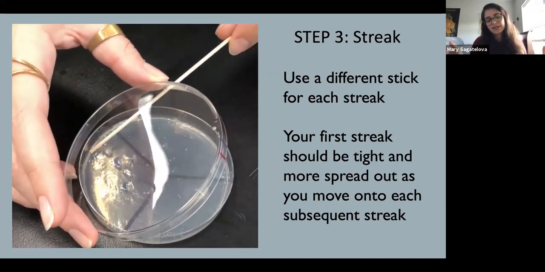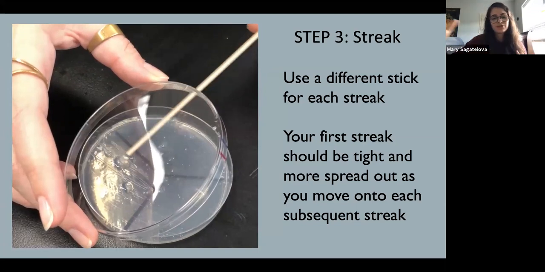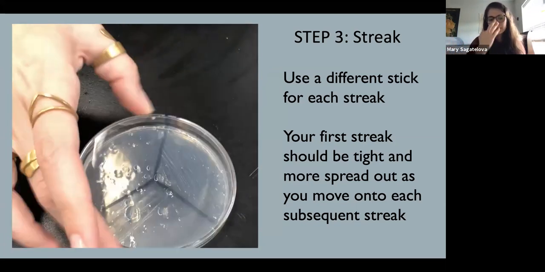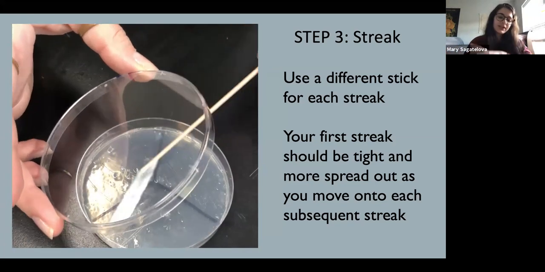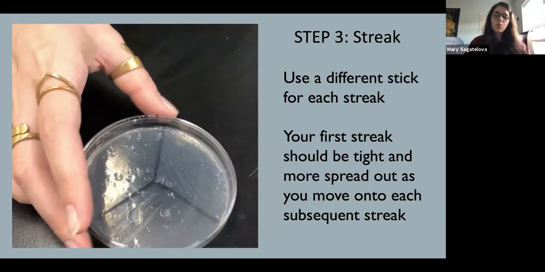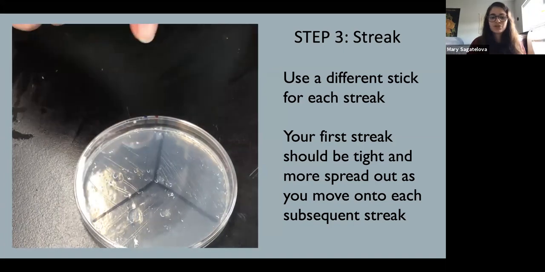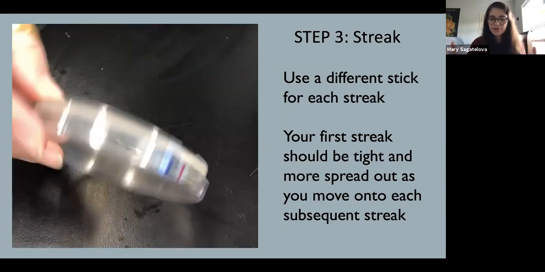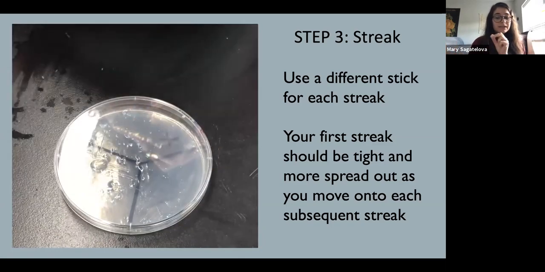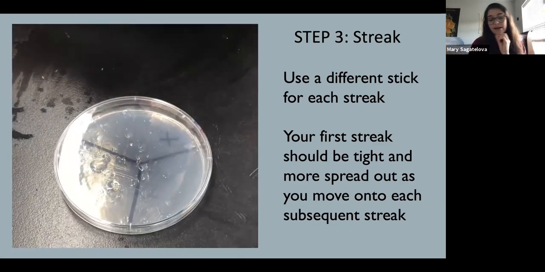You're going to dive into that first section a little bit and then widen your streaks out into your second. Then with a new stick again, you're going to streak into that second section down into your third, and then widen that streak out. Remember to put an X or a dot or just some indicator that shows you this is where my last streak was. This is the most diluted area, so you know where to pour your top agar.